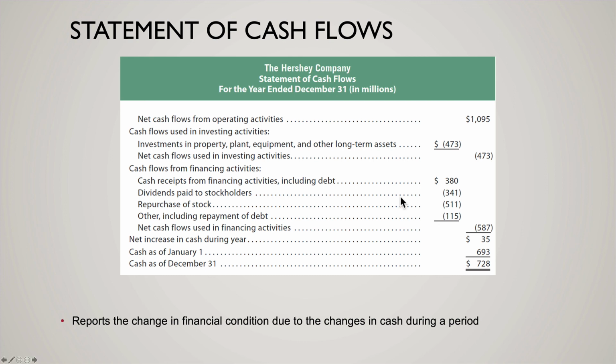But what I want to note is that the cash flows are divided into 3 different general categories: operating activities, investing activities, and financing activities. And at the end of the day, this tells you what has been the cause of any change in cash over the year. Right here we have an increase of $35 million in cash over the year, and it tells you where that increase came from.